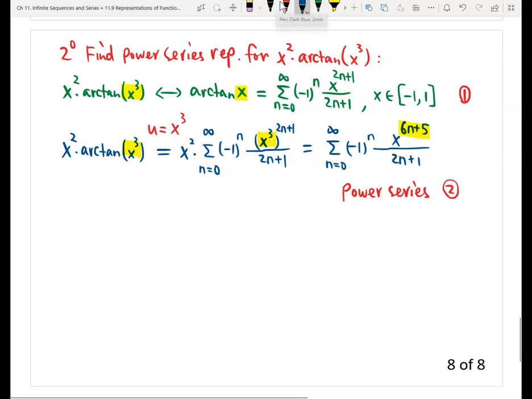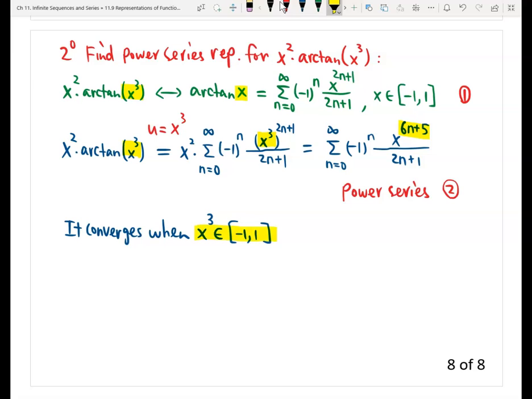What we need to do left is talk about the convergence, which is the domain. We know this power series converges when x to the third power belongs to -1 to 1. Let me highlight why: because x to the third power is just the u, and the original domain for u belongs to -1 to 1.